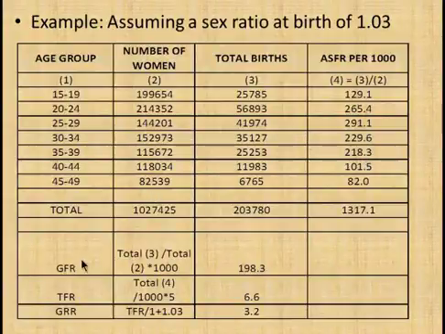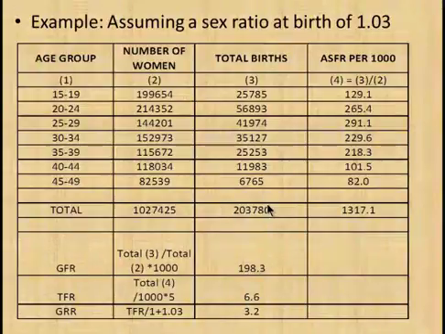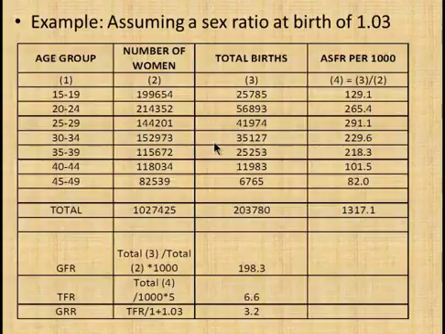And to find the general fertility rate, we simply have the number of total births divided by the number of total women in the childbearing ages.